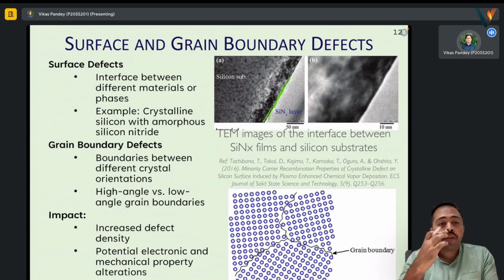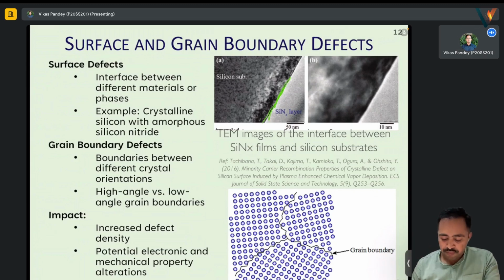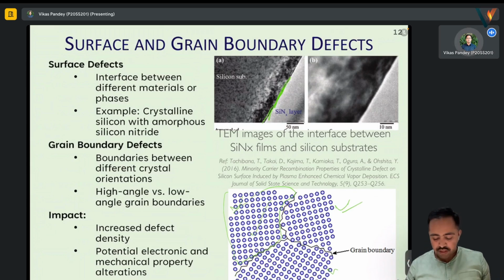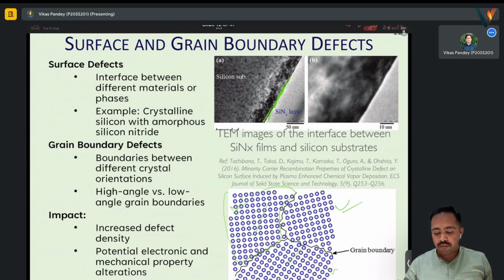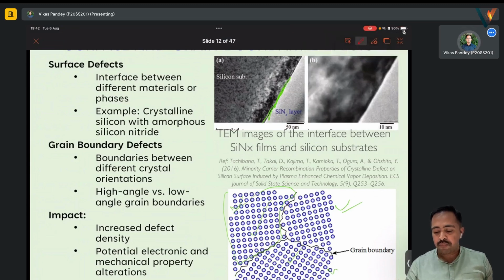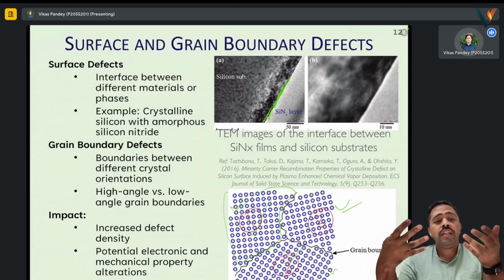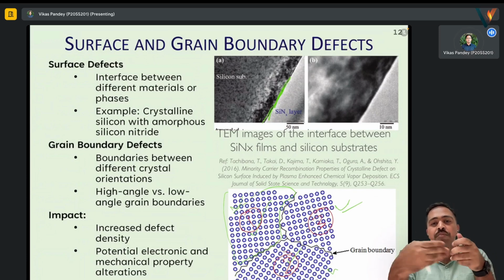Okay, then comes grain boundary defect. Like we have a perfectly crystalline material here, this one also, this one, but when they are joining at one place, this part and this part, the two parts are not matching. Like if this is one, two, three, there are three crystals, they are not matching crystal to crystal.